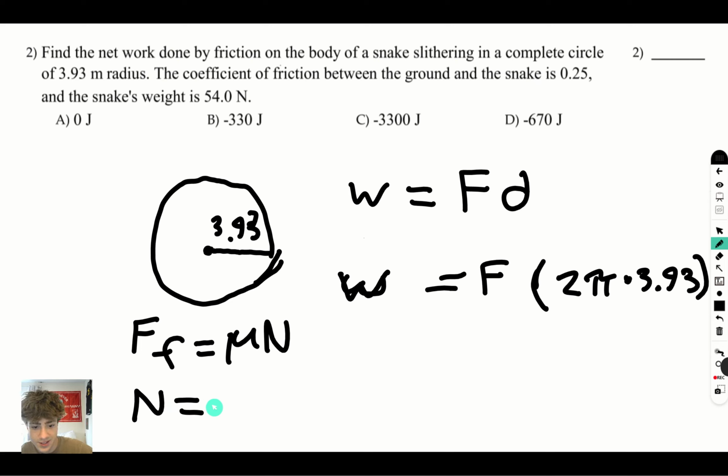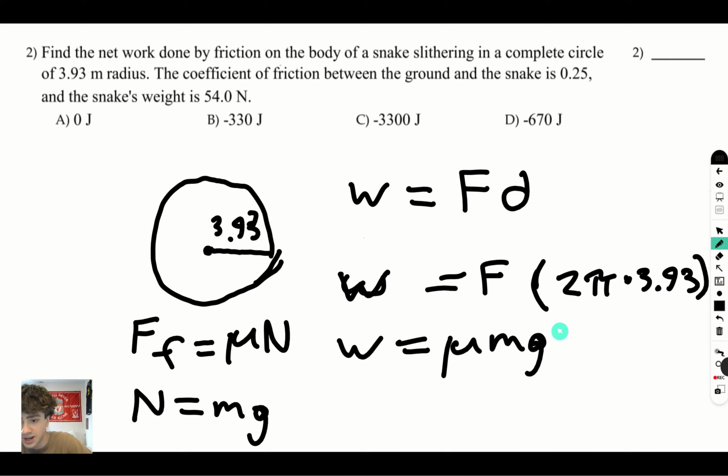So N is mg, meaning that our frictional force is going to be mu mg. So let's plug that in to our equation. We'll get that mu mg times our distance, 2 pi times 3.93, will be the work done by friction on the snake.